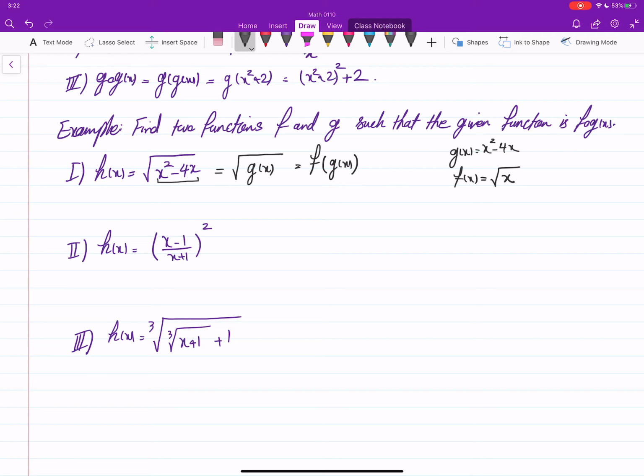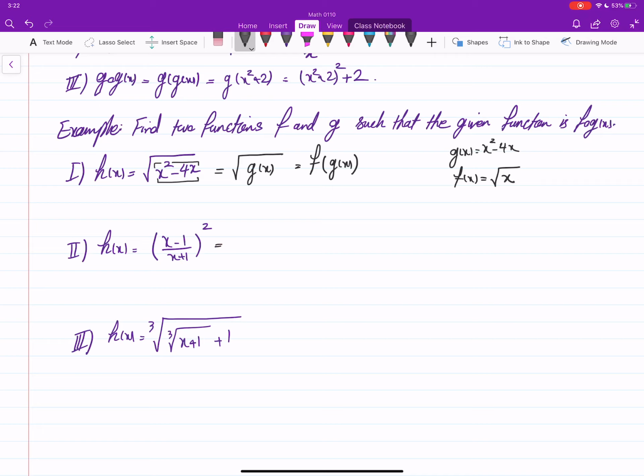So for g of x equal to x squared minus 4x, f of x is root x. Again, everything starts from this point that while evaluating this root of x squared minus 4x, you notice that we first evaluate this piece and then find the square root. And that tells us how these two functions are composed to give us the function h.